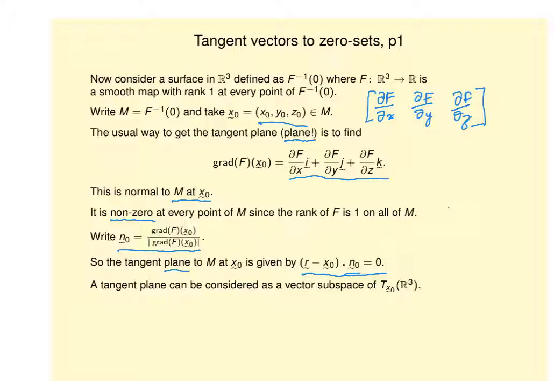And a tangent plane to any surface in R3 can be considered as a vector subspace of the tangent space to the whole of R3 at that point.